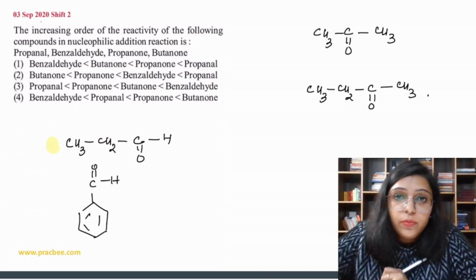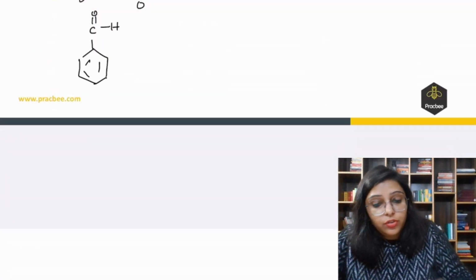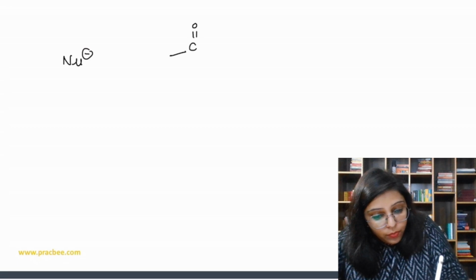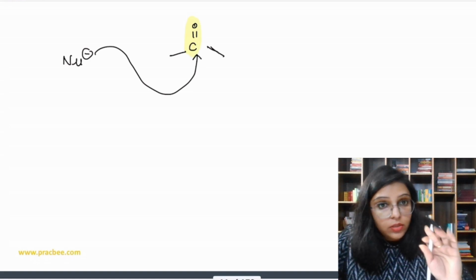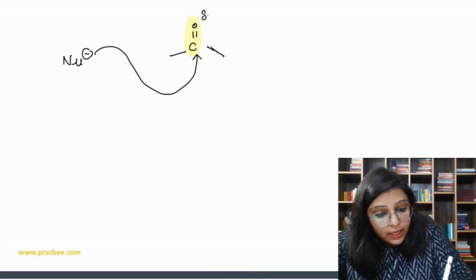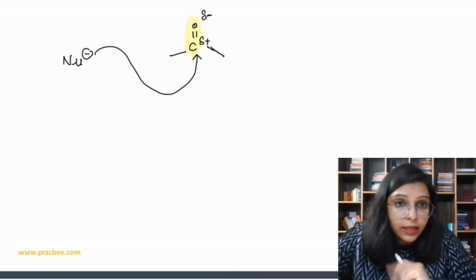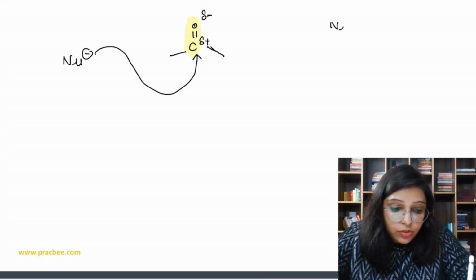Understood? So now we have to find out the order of nucleophilic addition reactivity. If we have a carbonyl group, then a nucleophile can attack on this carbonyl carbon. Why? Because this bond is polar. Oxygen carries delta negative and carbon carries delta positive. So the nucleophile can easily attack the carbonyl carbon and we can have the nucleophilic addition reaction.